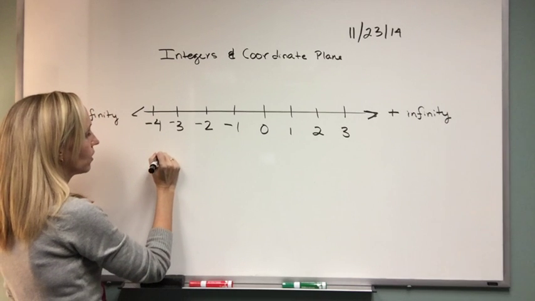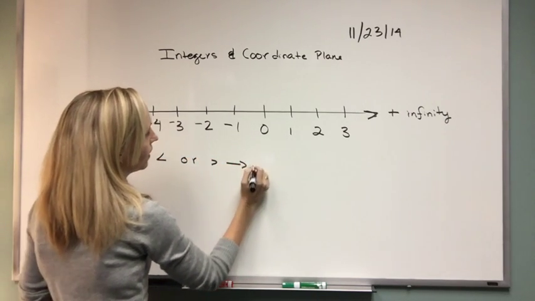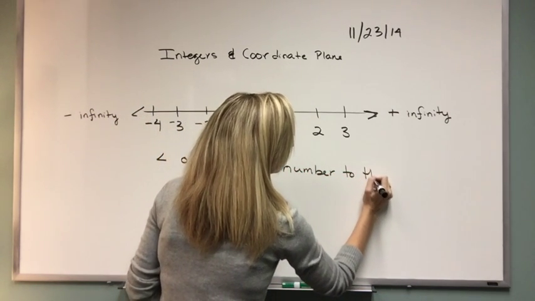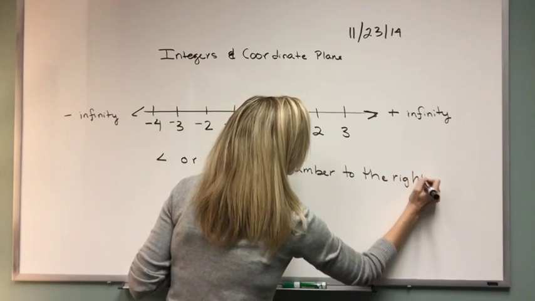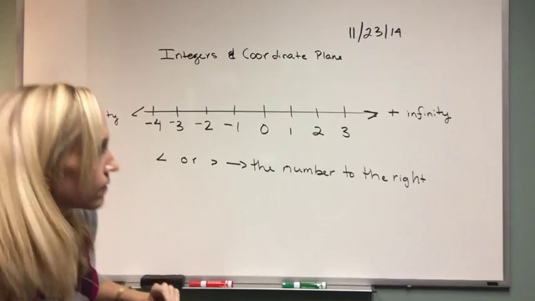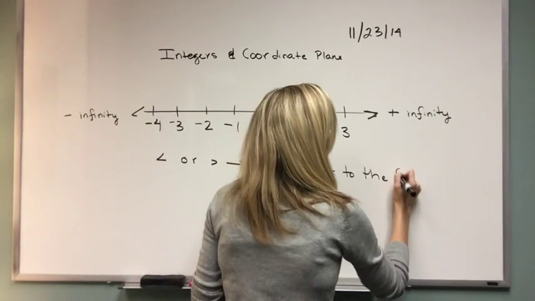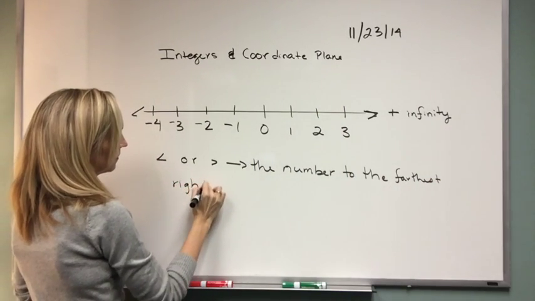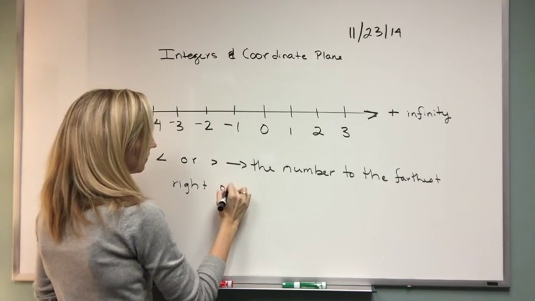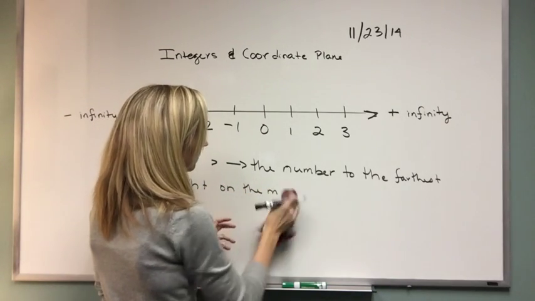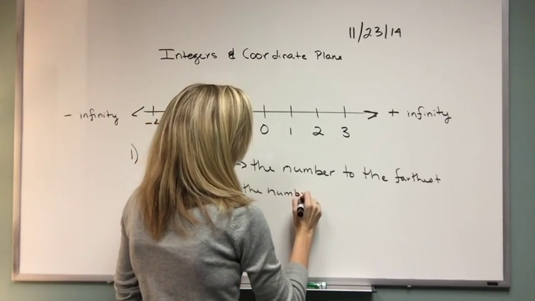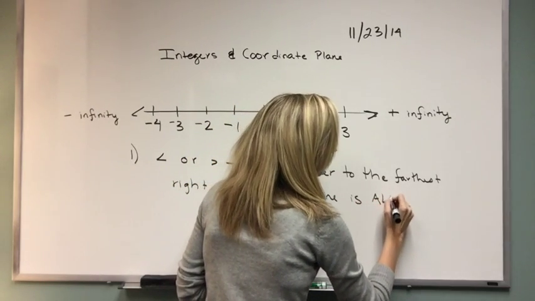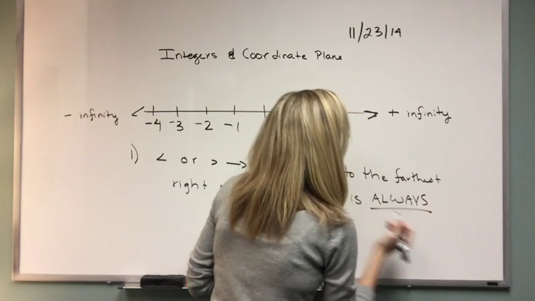So when we talk about greater than or less than, the number to the farthest right on the number line is always the greatest.